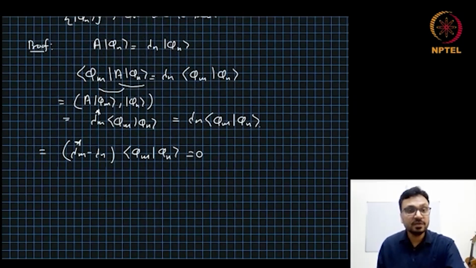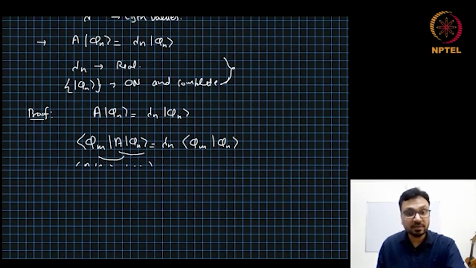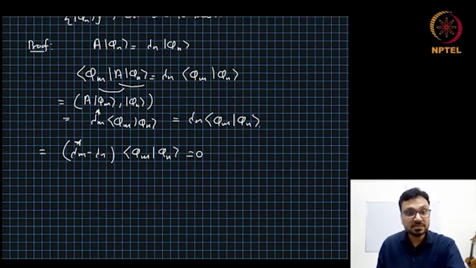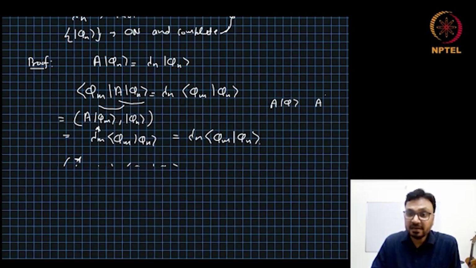And this proves our whole claim that the eigenvalues are always real for a Hermitian operator, and eigenvectors are always orthonormal and complete. You can see where we have used the property that it has to be a Hermitian operator. The property we have used is here, that A acting on phi and A dagger acting on phi are the same.